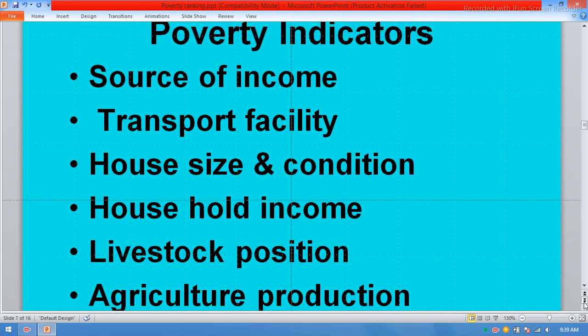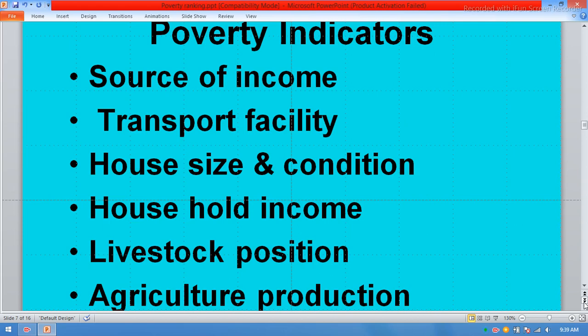Here we can explain poverty indicators: source of income, transport facility, house size and conditions, whether the house is simple or constructed by blocks, or constructed by mud.